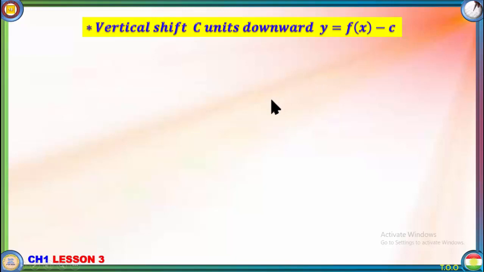And another transformation is a vertical shift c units downward. Then the original function y equals f(x) becomes y equals f(x) minus c. That means we subtract the value of c from y.